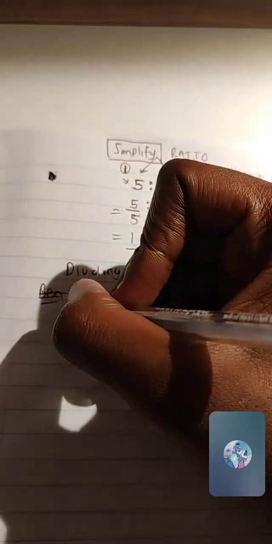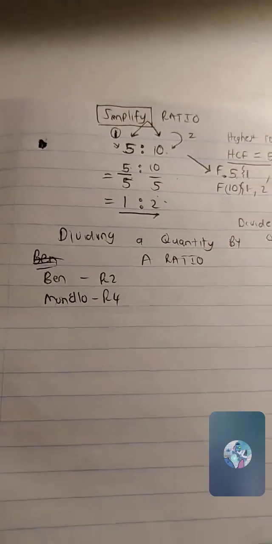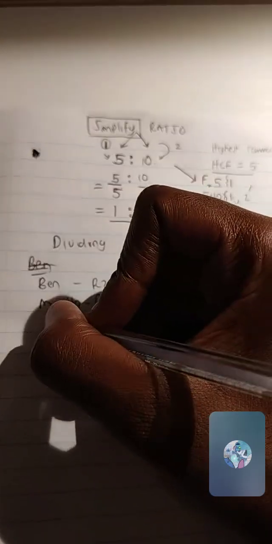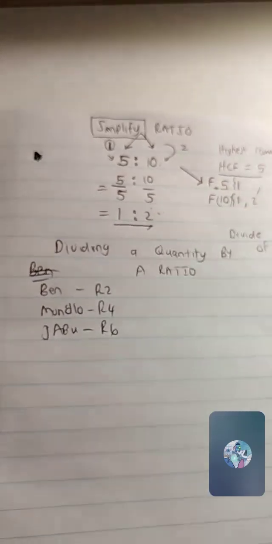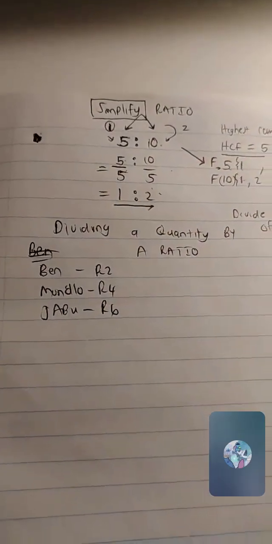So you said Ben gives 2 rand, then Mondlo gives 4 rand, and Jabu gives 6 rand to buy a package of sweets.